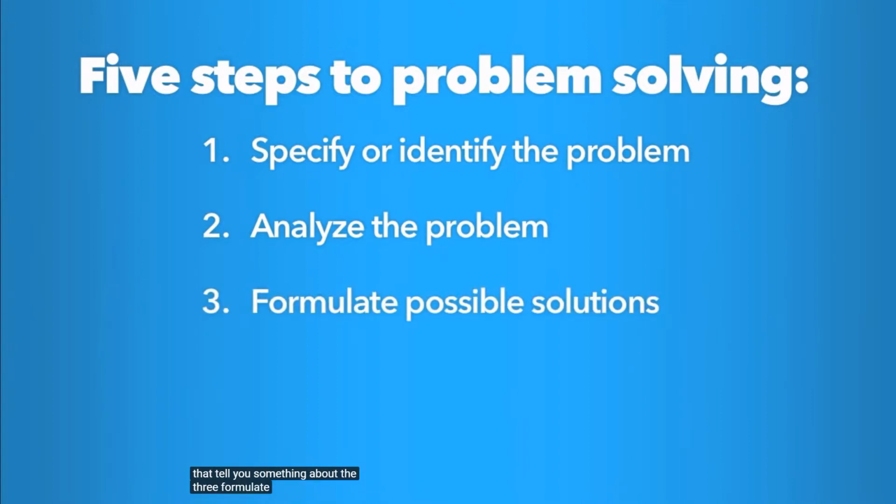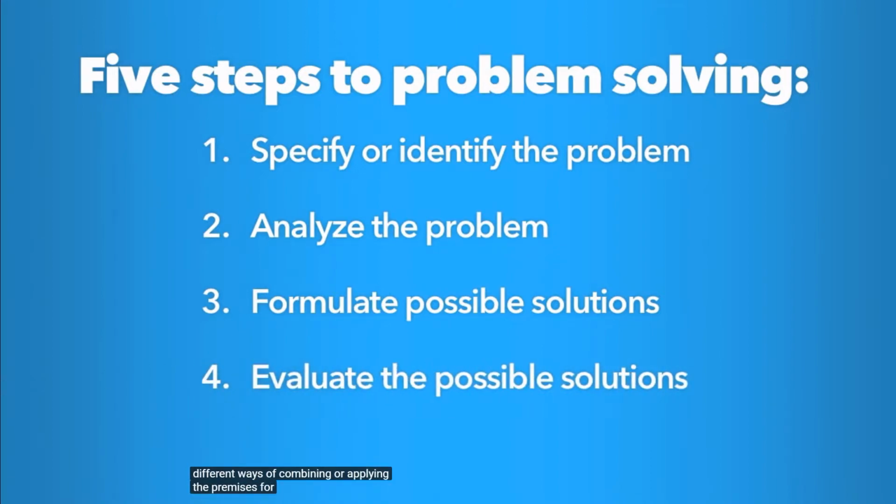3. Formulate possible solutions. Craft an argument. Use the premises you discovered in your analysis of the issue to build an argument. Note that at this stage, you may have come up with multiple conclusions or solutions based on different ways of combining or applying the premises. 4. Evaluate the possible solutions.